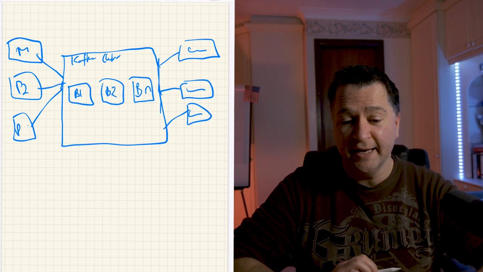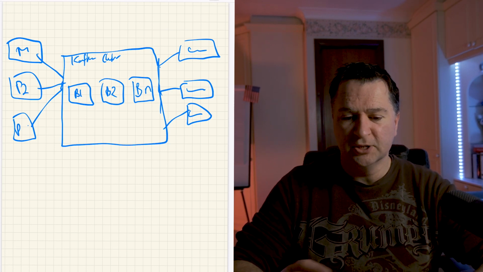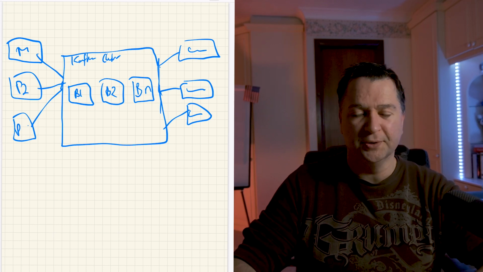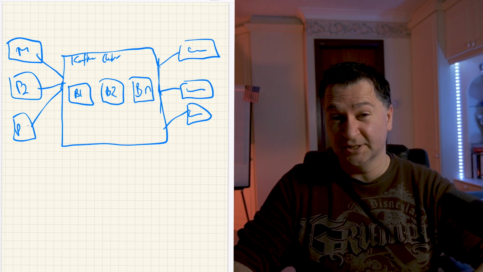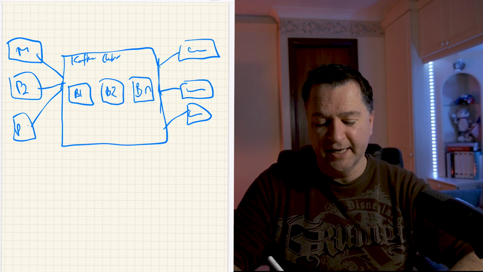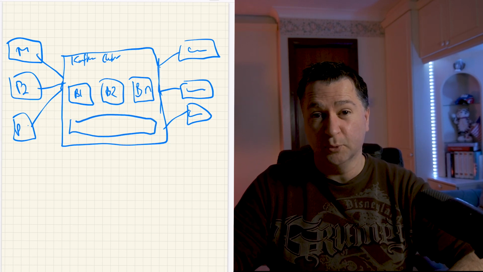But of course, I need something that can manage that cluster. So something that is going to be responsible for making sure that the brokers are up and running. If the broker fails, then restart the brokers. And how that is run today is with a tool called Zookeeper, which is responsible for keeping the brokers up and running.